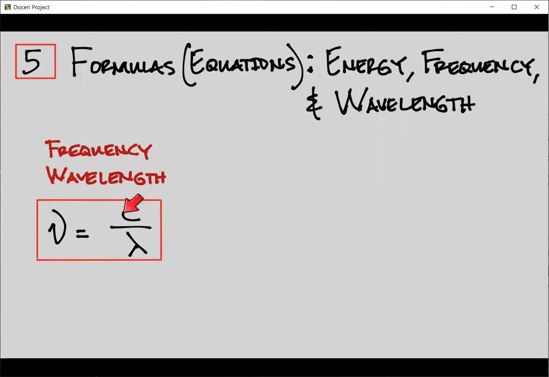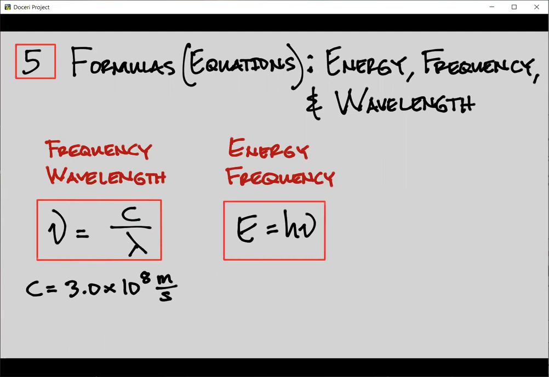And this is equivalent to c over lambda, where c is the speed of light. And again, speed of light is 300 million meters per second. You can see that frequency is inversely proportional to the wavelength. And so if wavelength increases, frequency decreases, and vice versa.